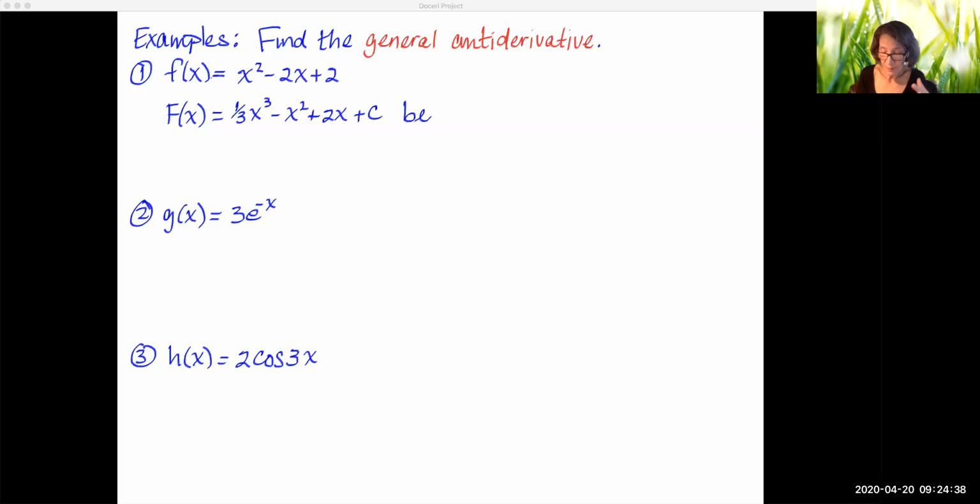And I check and I go, okay, that's my answer, because differentiating it gives me 1/3 times 3x squared minus 2x plus 2 plus 0. And when I simplify, I do get x squared minus 2x plus 2.